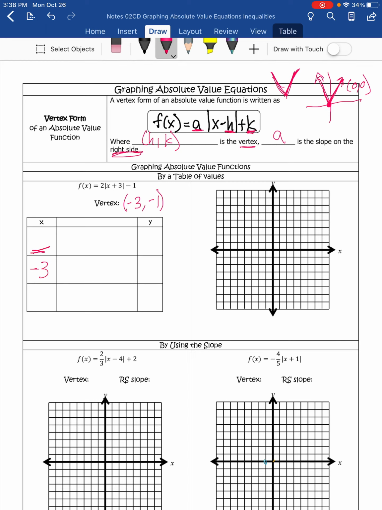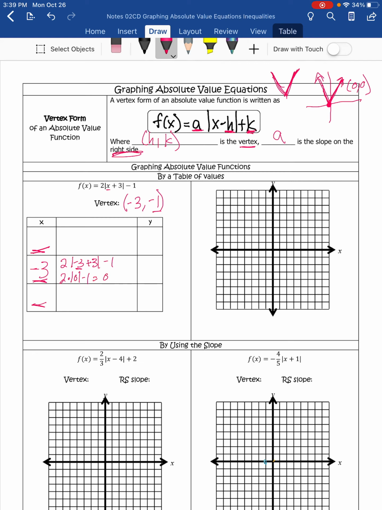Now I need a point to the left and I need a point to the right to actually get my full graph. Now I'm going to show you how this works a little bit. So this is an input-output table. So when I put negative 3 in for x, I should get negative 1 for y. So this is going to be 2 times the absolute value of negative 3 plus 3 minus 1. I'm substituting negative 3 in for x here. 2 times the absolute value of 0 minus 1.